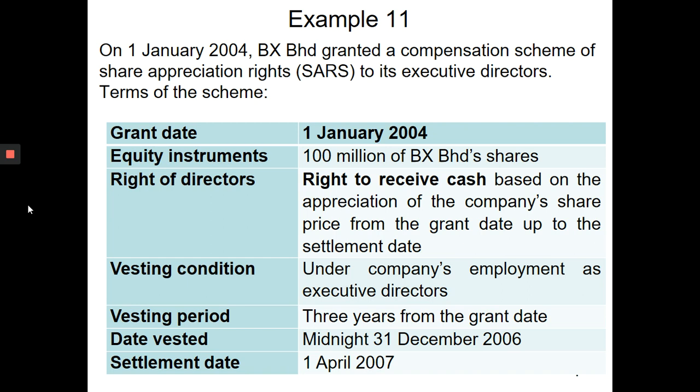Term of condition, grant date 1st January 2004, equity instrument 100 million of PX shares, right of directors, right to receive cash based on the appreciation of the company's share price from the grant date up to the settlement date.